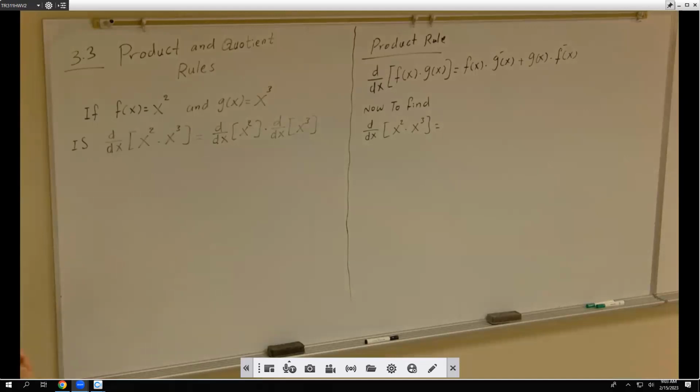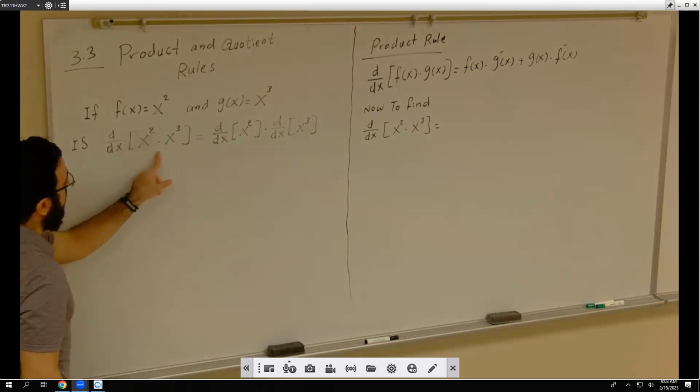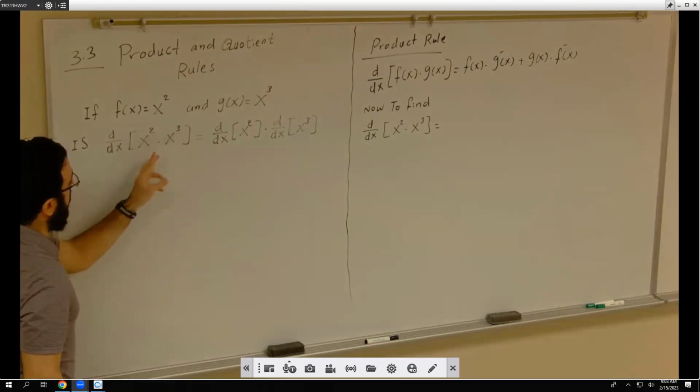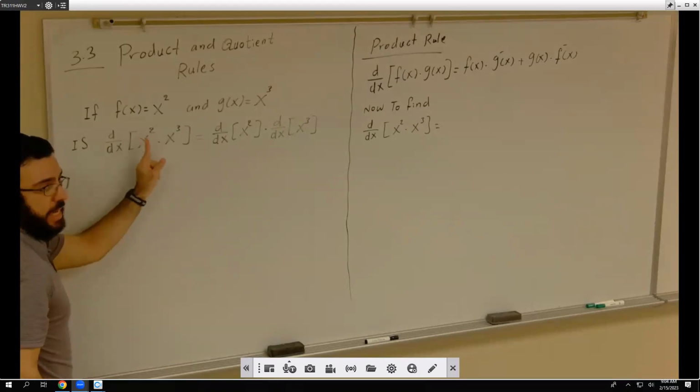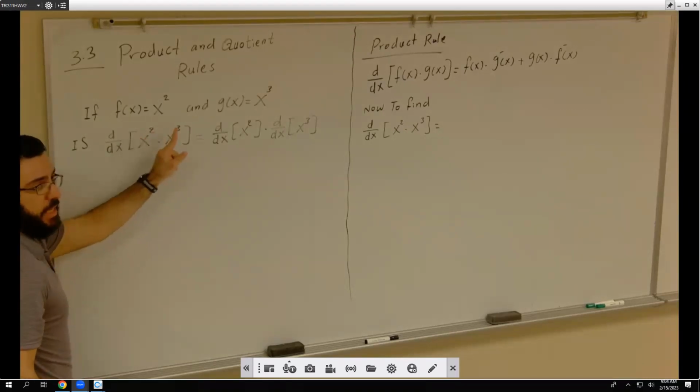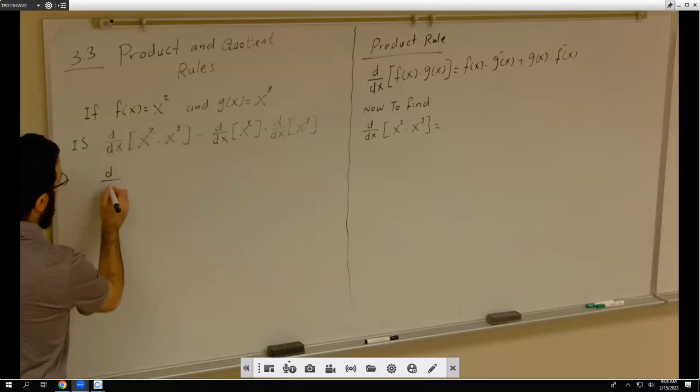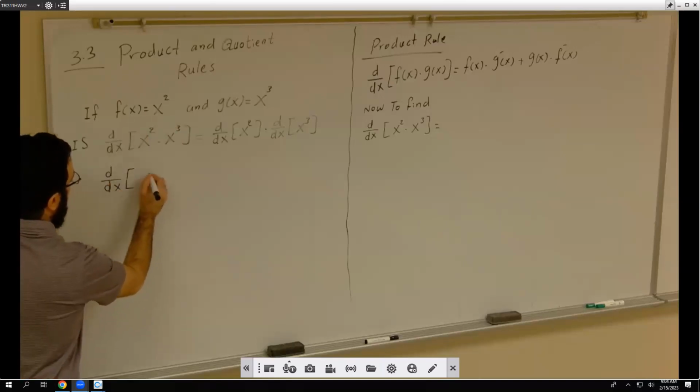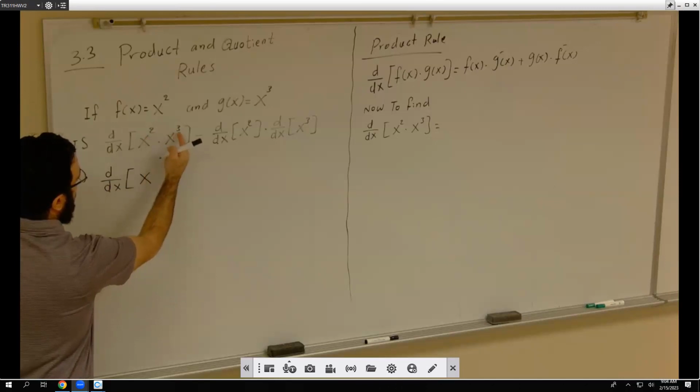For the left side, the derivative of x squared times x cubed. When I multiply exactly the same base, I can add the exponents. That means on this side it's the derivative of x to the power 2 plus 3, which is 5.